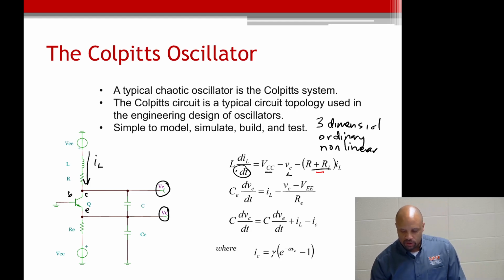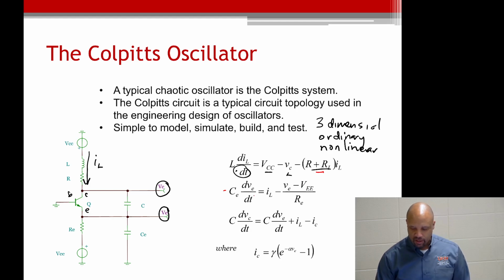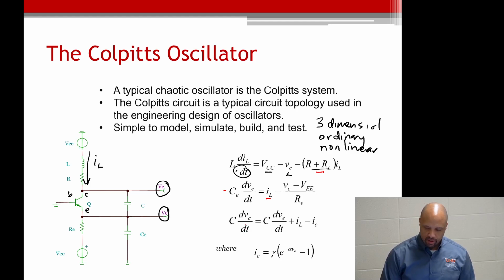Okay, so these are voltages. So L di dt is a voltage. So that's a voltage, and R times L is a voltage. But C dV dt is a current, and this is a current expression. That's why you see IL here. V over R, that's a current. Same thing here. dVc dt is a current.